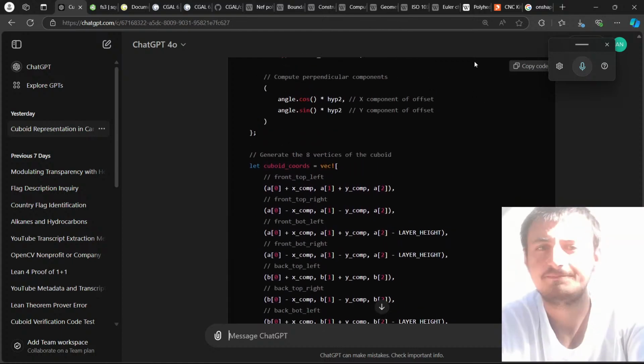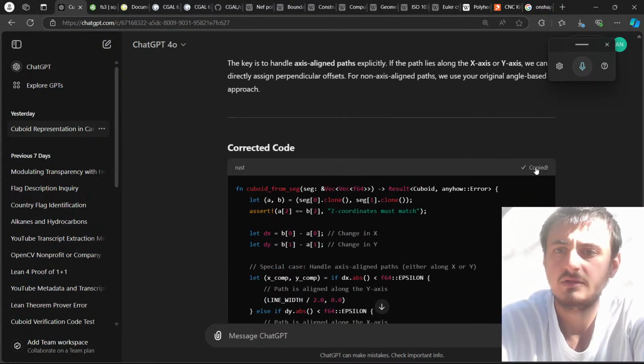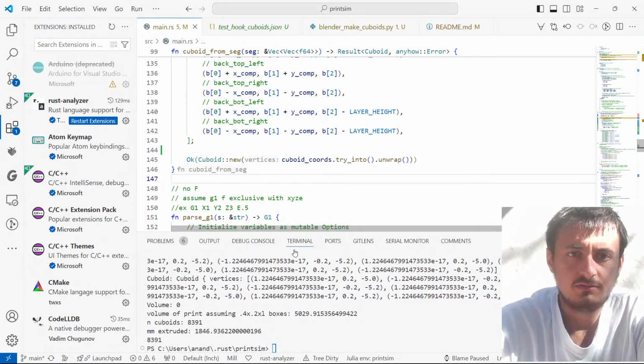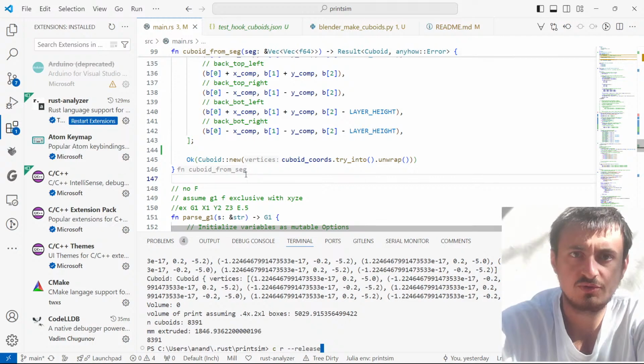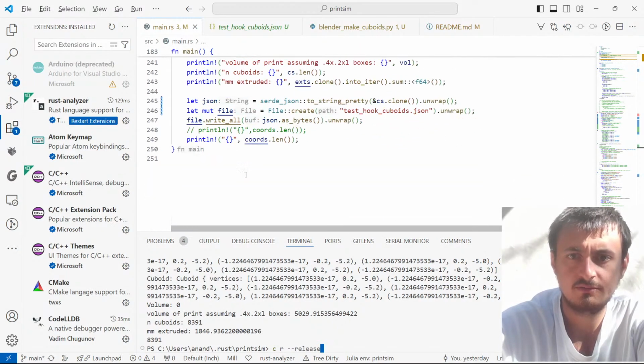Let's see. Let's try it. So which one are we doing? Are we doing square ring?